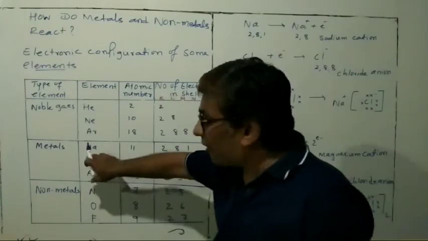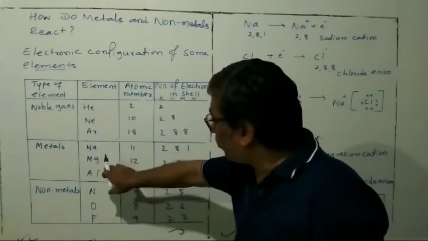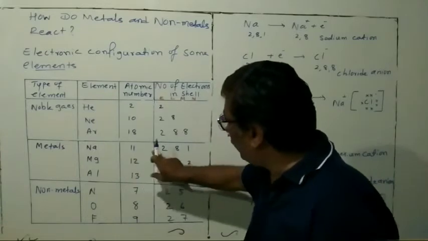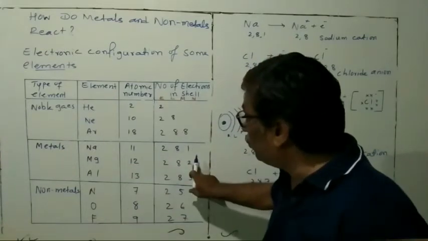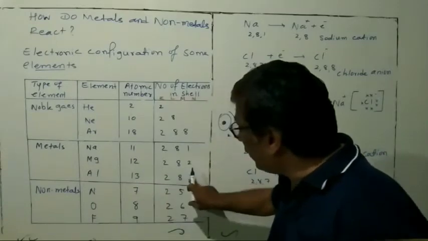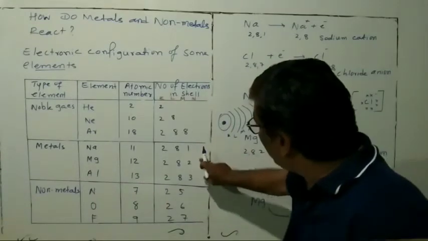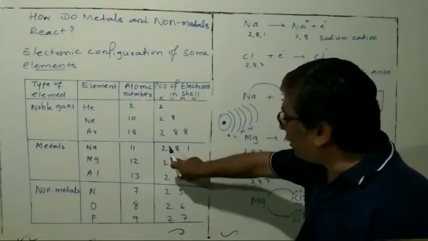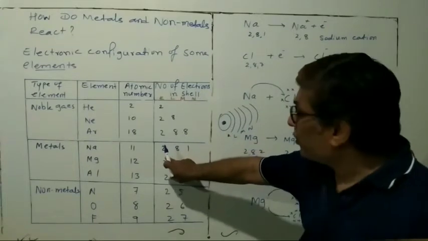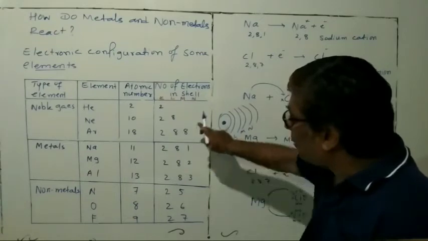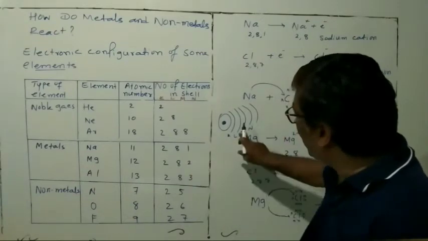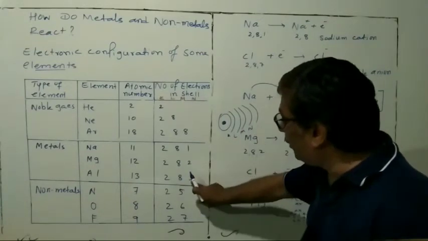Now you see the metals. Sodium, atomic number 11, is 2, 8, 1. Magnesium 12 is 2, 8, 2. Aluminum 13 is 2, 8, 3. In the M shell there is only 1 in sodium, 2 in magnesium, and 3 in aluminum.